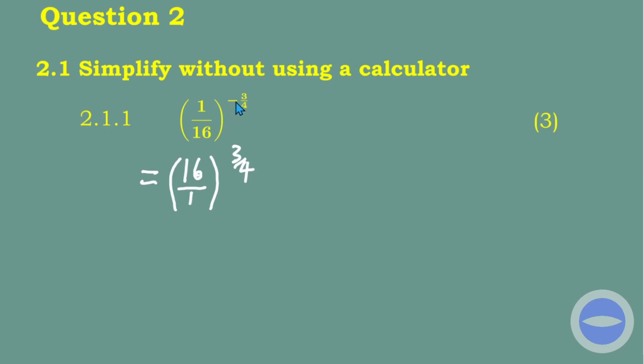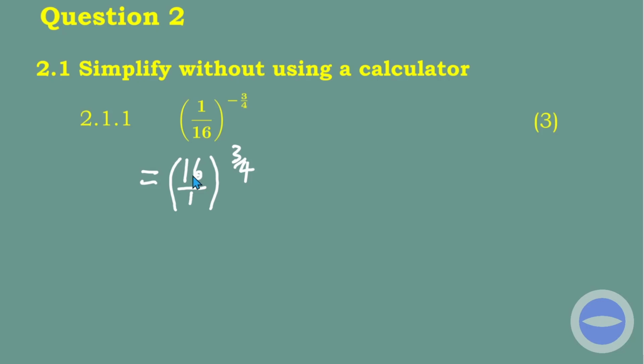If the negative is removed, then the expression is simple to solve. 16 over 1 is the same as 16, so there's no need to write 1 if 1 is the denominator.